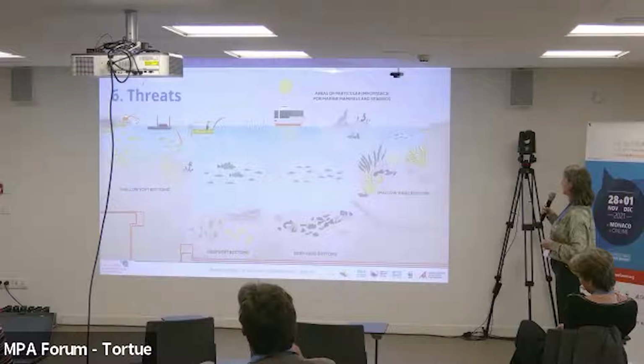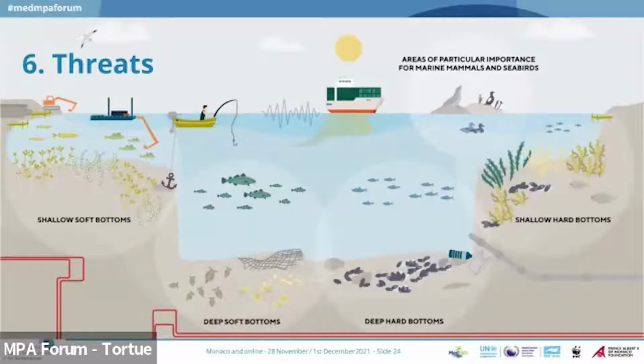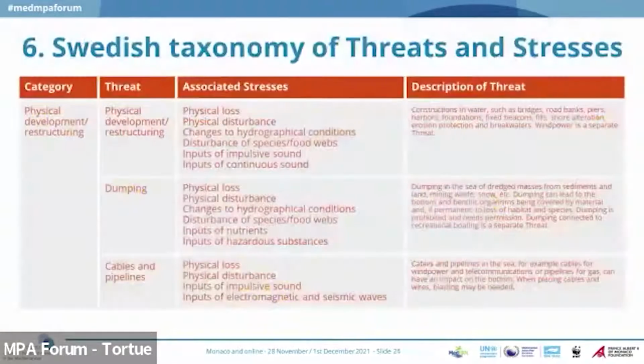Let's have a look at the threats then. You can go to the next slide. There we go. So similar to the nested targets, we developed a taxonomy of threats and stresses for Sweden. We came up, I think, with a total of 25 threats and 13 stresses.